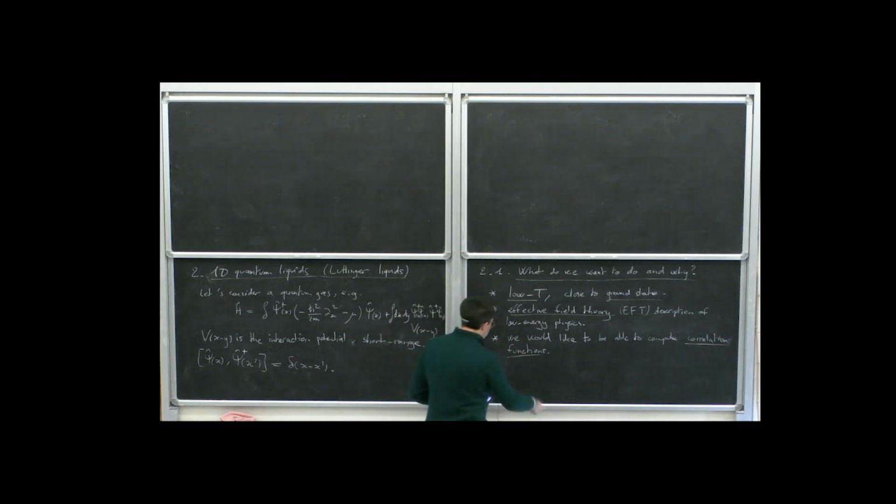Let me just give some examples of the correlation functions that we could be interested in this model. For instance, one interesting correlation function is psi dagger at position x, psi at position x prime.